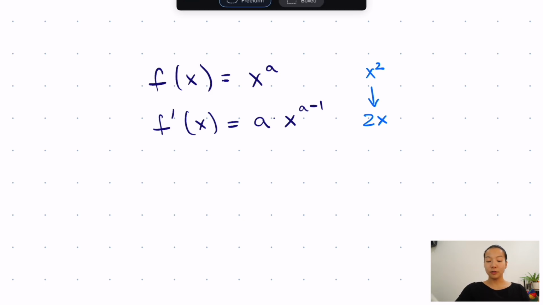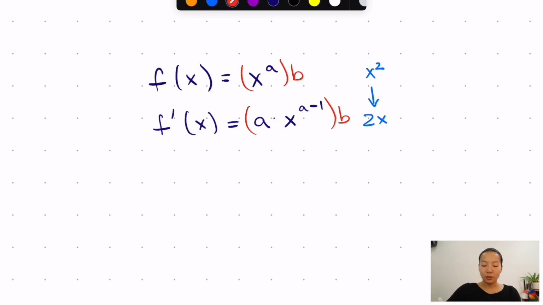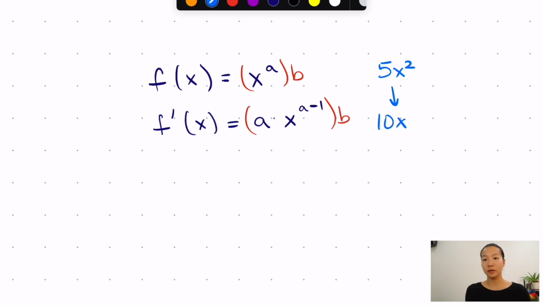If I have some value in front of that, let's say it's x to the a power times b, well, that b actually stays. So this is all multiplied by b. That means if I had 5x squared as my function, then this becomes 10x as the derivative. Let's go through a few other examples.